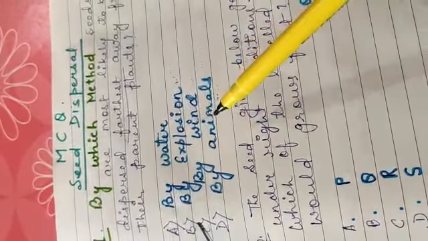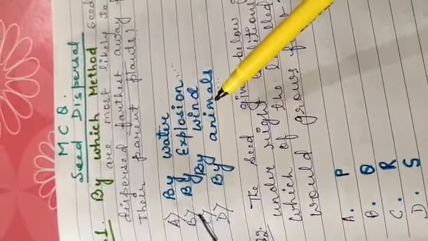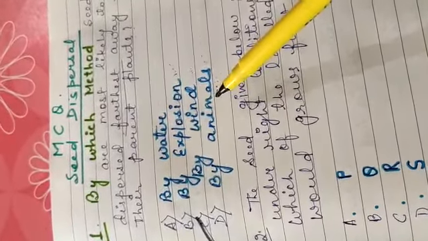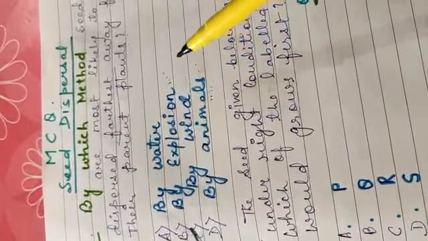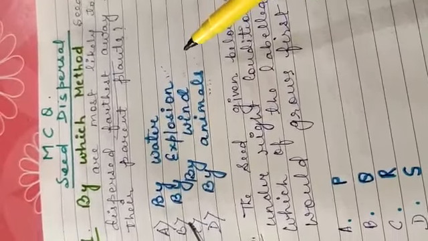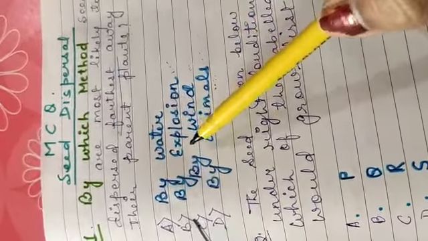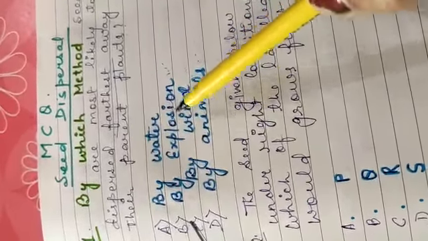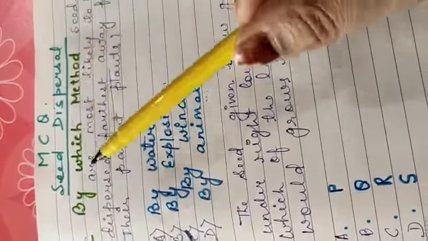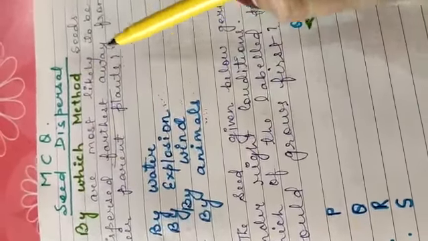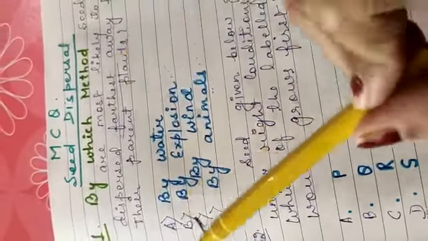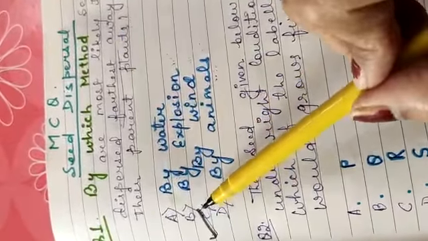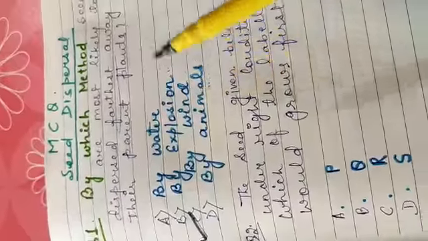By animals, the seeds can be consumed, and after consuming they will be thrown somewhere. By wind, yes, by the wind the seeds are dispersed farthest away from the parent plants. So the answer will be C, by the wind.